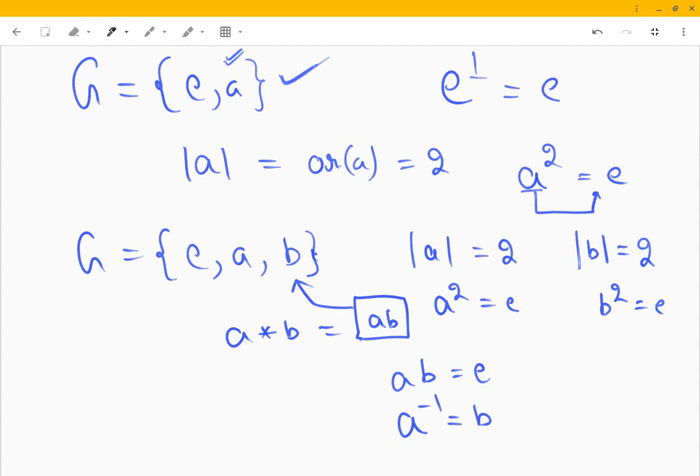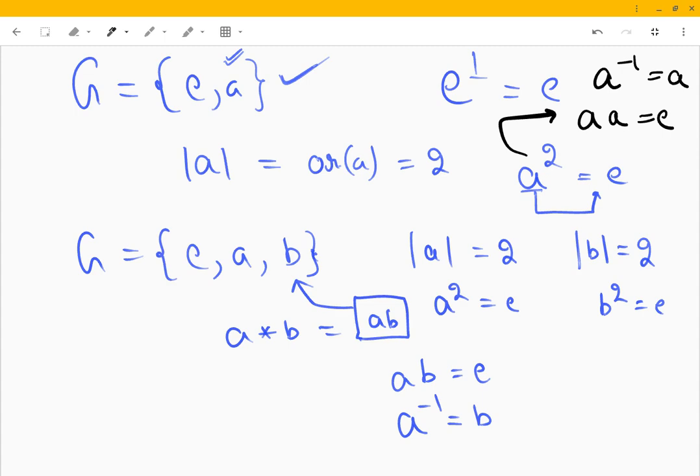What does this mean? A square equal to E. This actually means A times A is E, and this actually means A inverse is A itself. That means A is self-invertible. Any element of order 2 is self-invertible.